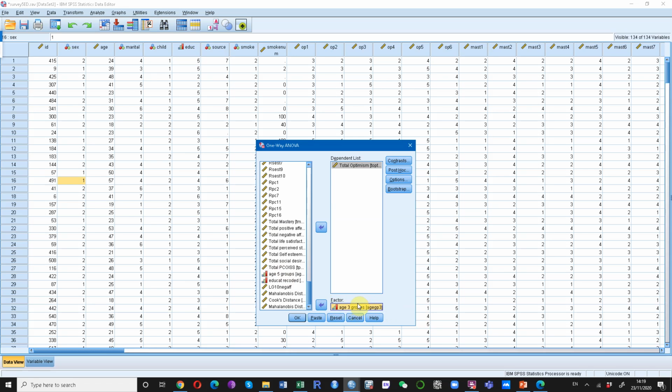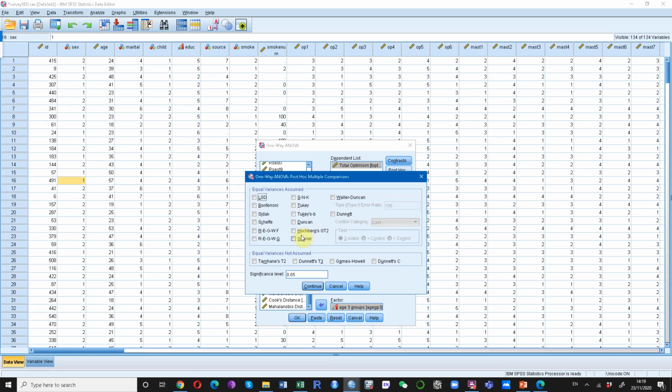But importantly, we need to assign a post hoc test method to test the pairwise comparison. Click on Post Hoc, and the most often used post hoc test method is Tukey. All the rest are there for specific cases, when you have a smaller degree of freedom, for example, or other bias, but Tukey is the most commonly used one, and we use Tukey in this case.